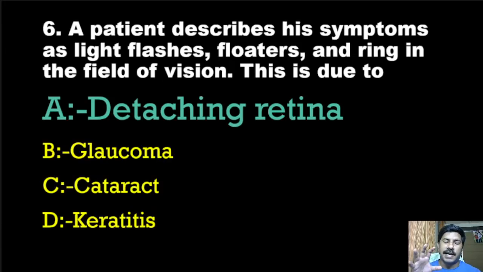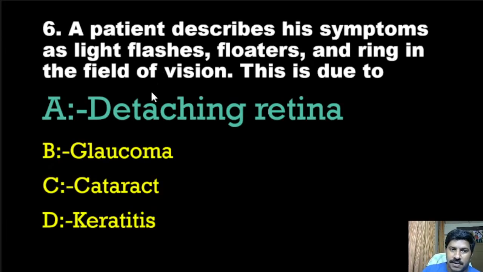Light comes through the pupil and images are created at the posterior part of the eye, at the retina. In retinal detachment, the inner retinal layer pulls away from the eye, and it will cause these light flashes, floaters and rings in the field of vision in the initial stage. Finally, if immediate treatment is not taken, permanent loss of vision will occur.